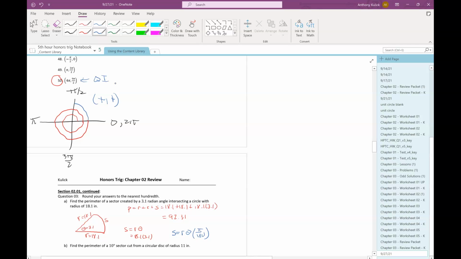Cool with that? In that case, sine being y over r would be positive over positive, so positive. Cosine is x over r, positive over positive is positive. And tangent is y over x, positive over positive is positive. So they're all positive. That's it.